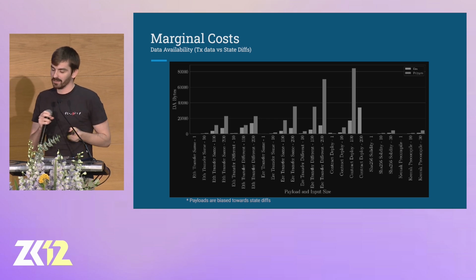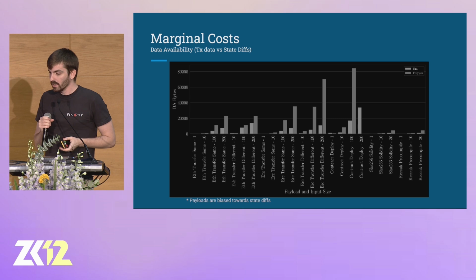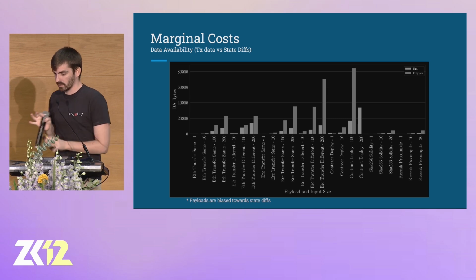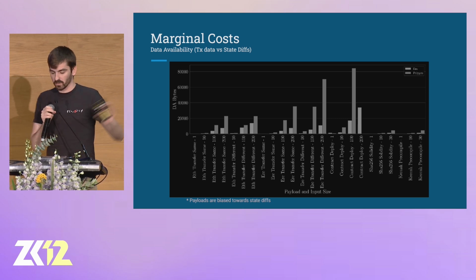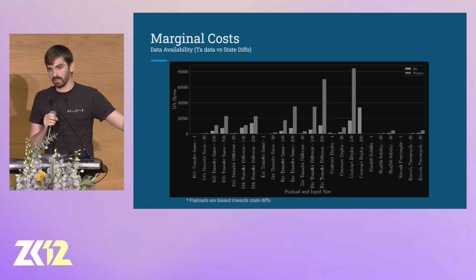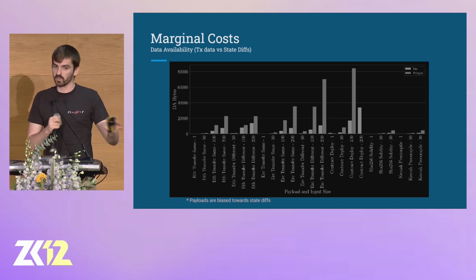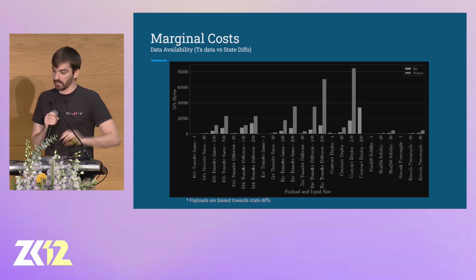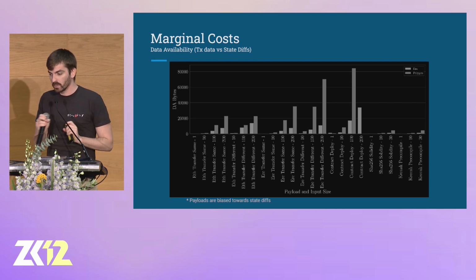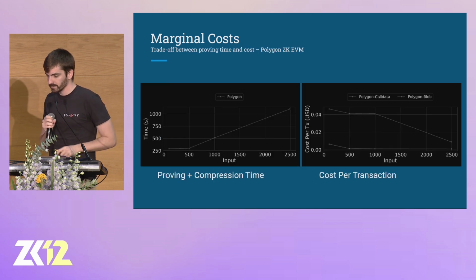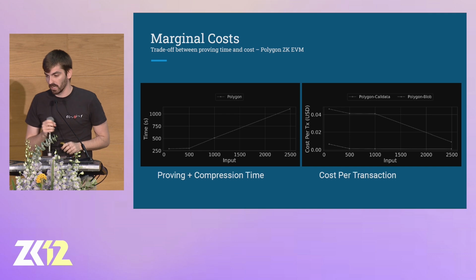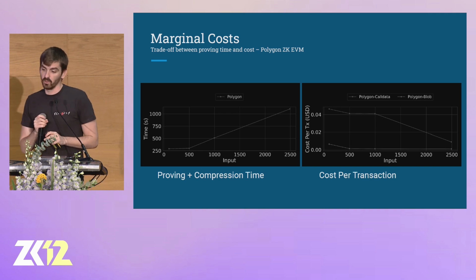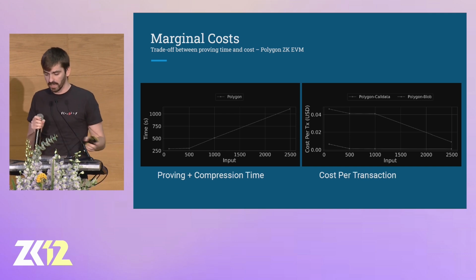So it's the perfect situation for state diffs. And I want to highlight that result because we will see later how that might affect how you want to sequence transactions. But we can see that in extreme cases, you can achieve pretty good compression, I will say, by using state diffs.